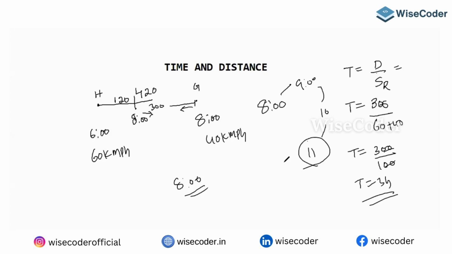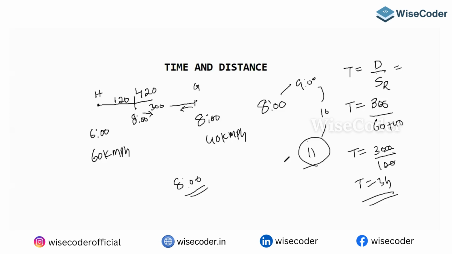When the distance is constant, speed is inversely proportional to time. When time is constant, distance and speed are directly proportional. When the speed is constant, distance and time are also directly proportional. After that, we solved a few questions regarding this relation.